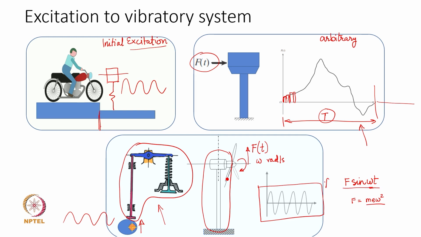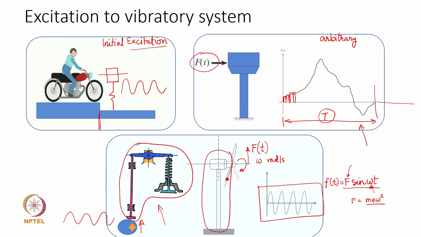The excitation function F of t, the time dependent forcing function, is given by F sin omega t, and it is typically called an external excitation because neither the amplitude of force nor its frequency has anything to do with the system in question. So, system parameters like k, m, the excitation function is independent of those parameters, and is truly an external excitation.